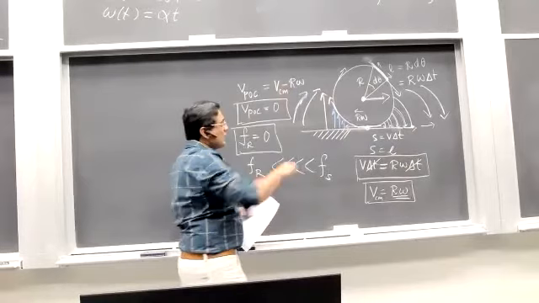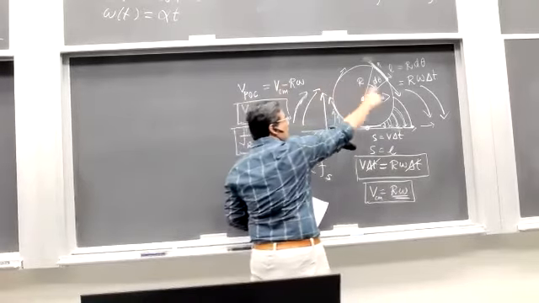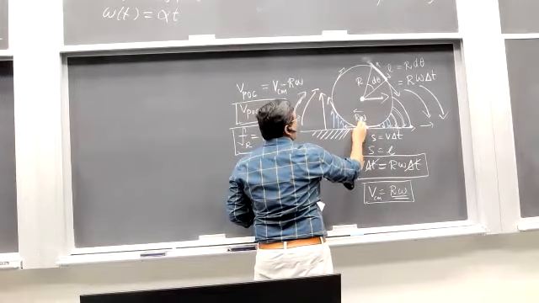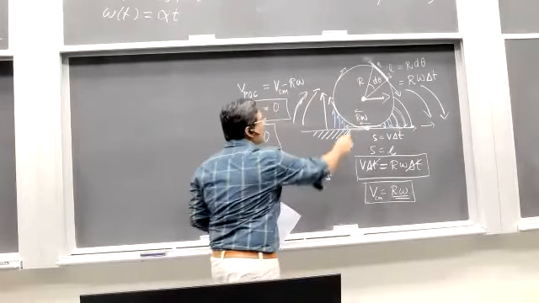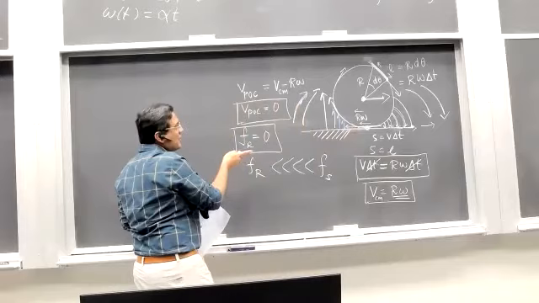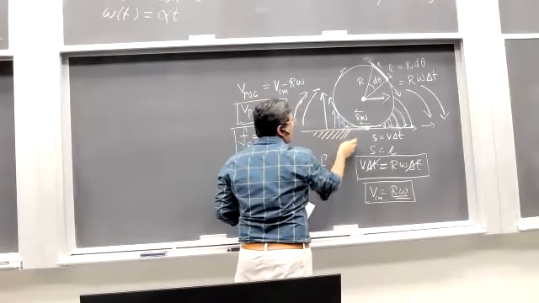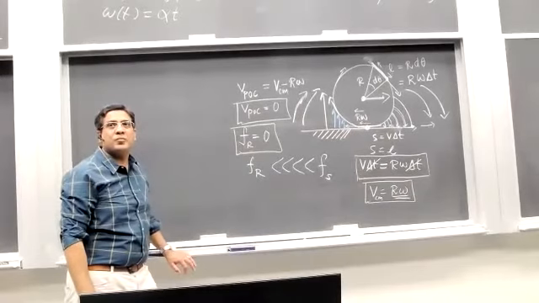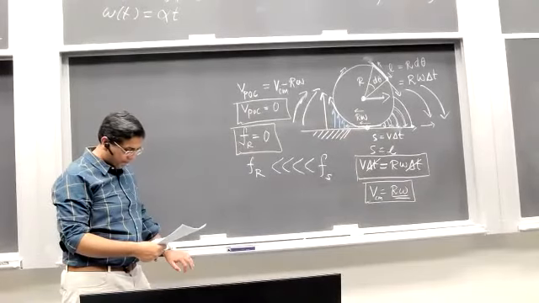But now, since we have rolling, and the rolling motion is in this fashion, this point is moving in this direction, and the difference of these two velocities gives me the net point of contact velocity with respect to this surface in this direction. Sir, I don't understand it.